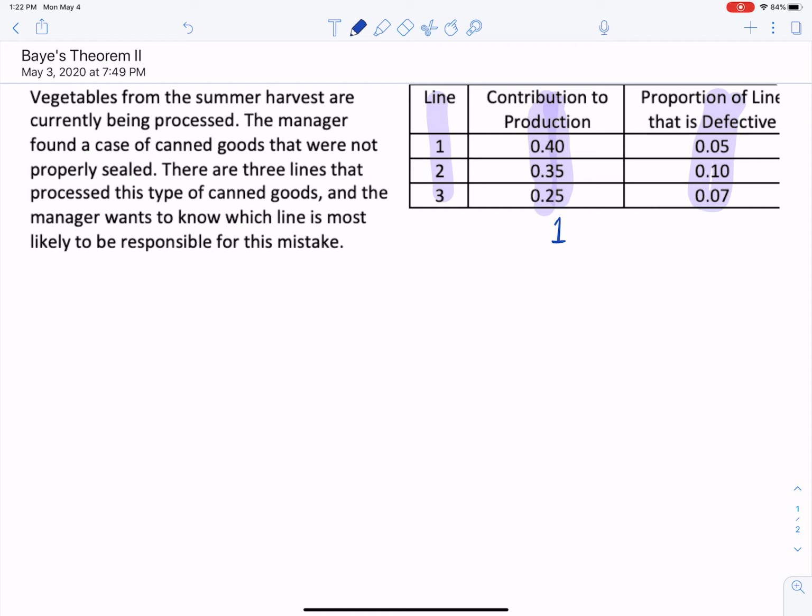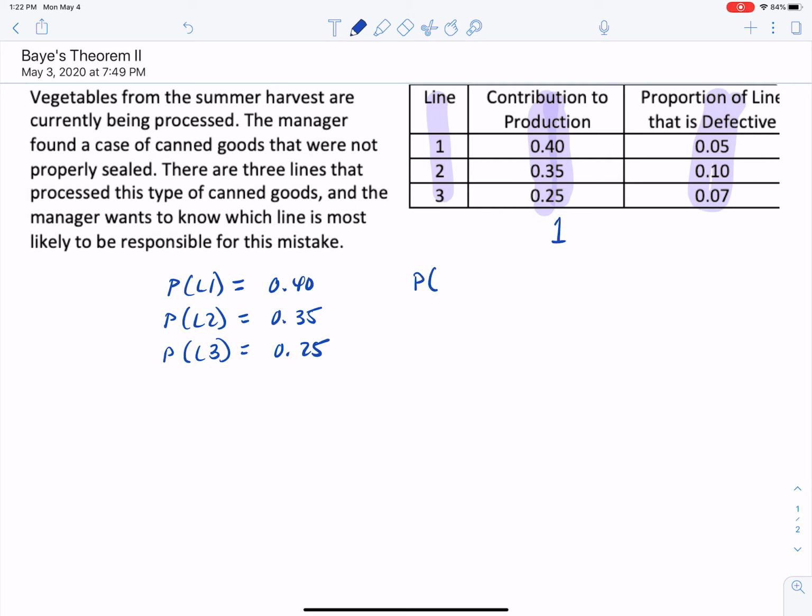So here's the thing, though. Let's look at what we have. We know that the probability that it came from line 1 is 0.40, given from the information there. The probability that it came from line 2 is 0.35, and the probability that it came from line 3 is 0.25. Now, the defective ones are linked directly to the line.